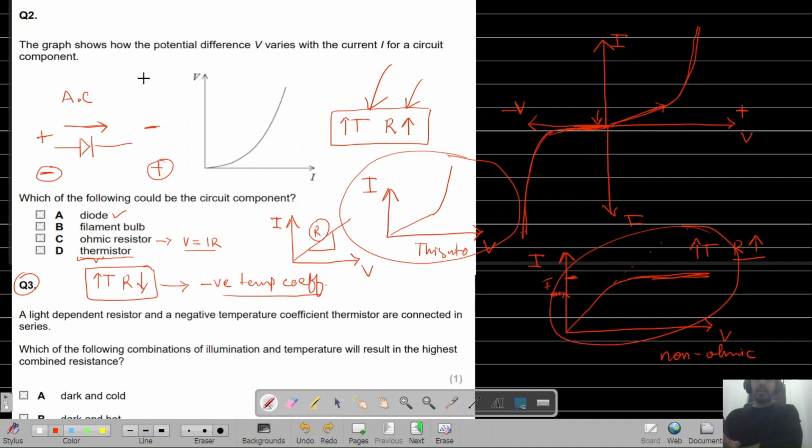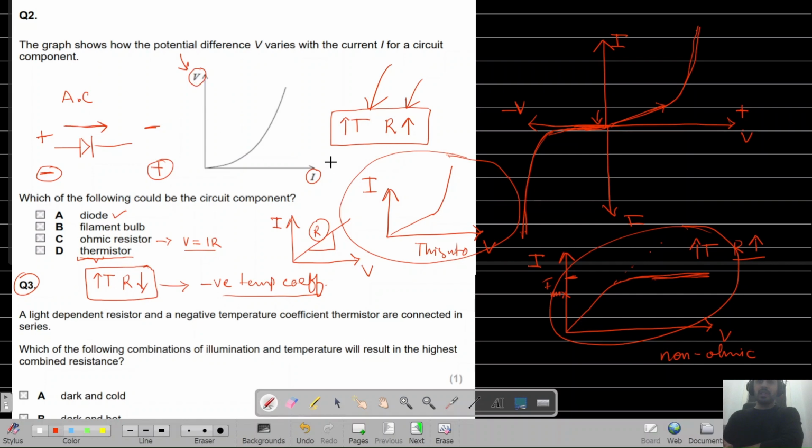Okay, so coming back to our question, we have a graph for voltage as a function of current I. Now that I've explained all of these components and how the graphs look for these components, can you answer this question? What is this graph? Which component can it be? The tricky part is that they have swapped the axes, so you have to be careful.